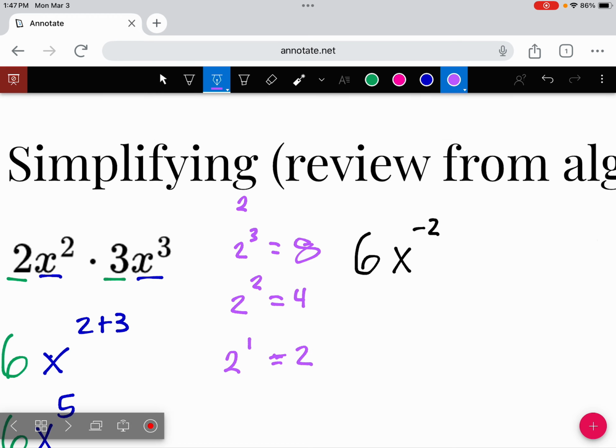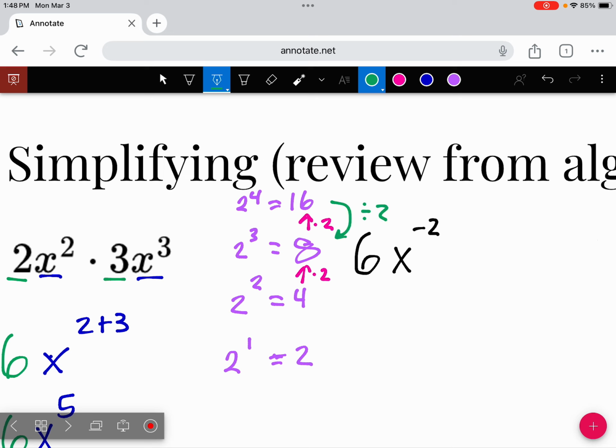Hang on a second, let me write this down. 2 to the fourth gives me 16. When we were going up, what was happening from here to here to here? Multiplied by 2. So if I wanted to go down, what could I do instead?